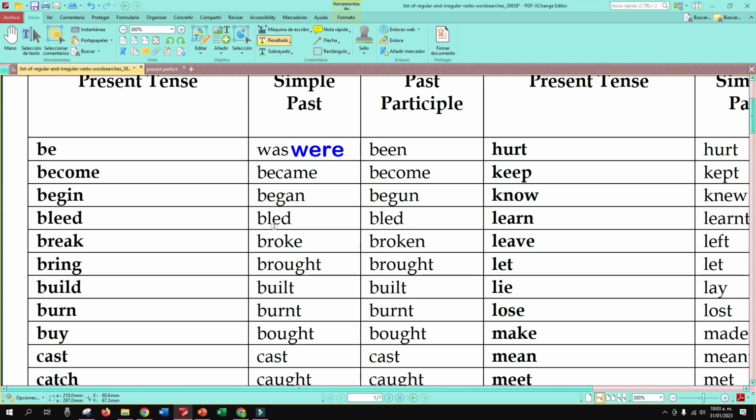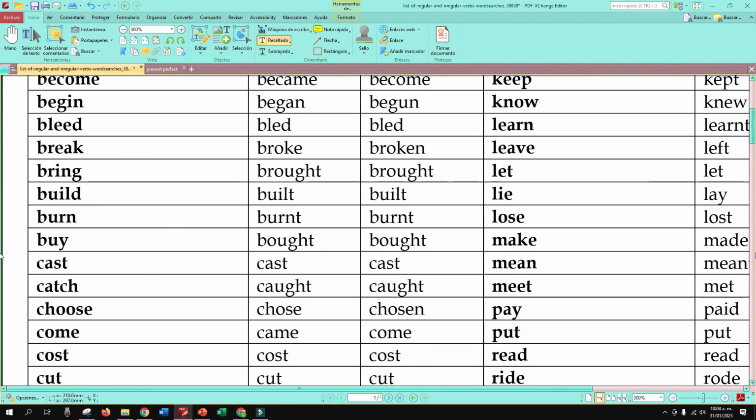In this case, you have almost the same in simple past and past participle, right? Bleed, bled, bled. Break. Look at this one: break, broke, broken. Also, you have bring, brought, brought. That is almost the same. Build, built, built. Burn, burned, burnt. And you have many here.